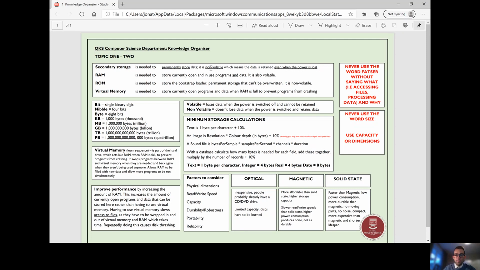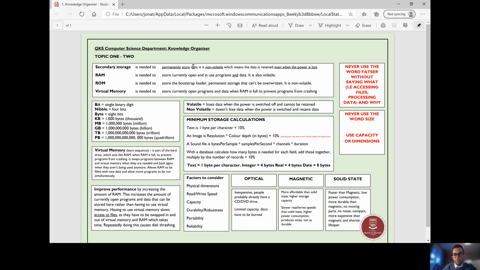And what we mean by non-volatile is that we don't need the power to retain the data. Don't get that confused with not needing power to save the data. You do need power to save the data. It just means when the power is lost, the data is not lost. When you turn your computer off, the data is not lost. That's what non-volatile means. So it means it permanently stores the data.